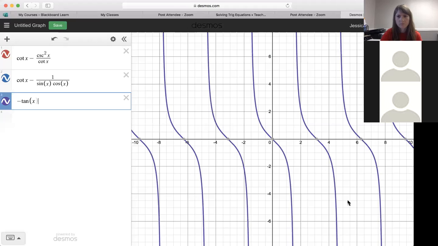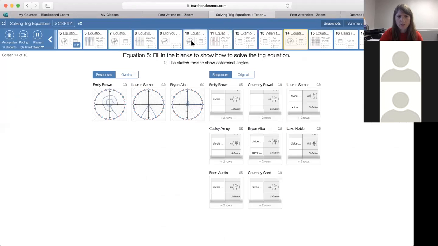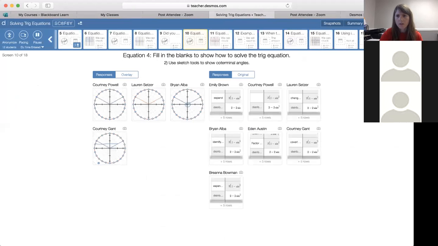So let me get that Desmos page up. There we go, guys. Okay. And the slide that we're actually going to is slide number 10. And I'm actually going to go to the student view here.